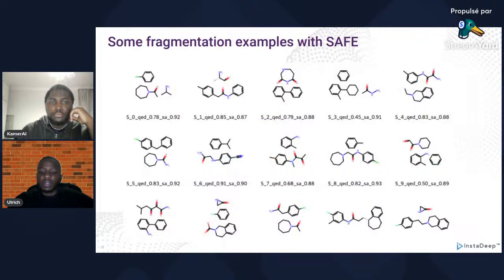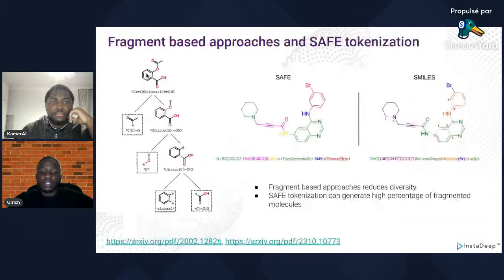However, from our first experiments, the SAFE tokenization has a slight issue. It mainly is that it sometimes ends up with a lot of fragmented molecules because of its inherent representation. If I go back to the previous slide, the molecules are fragmented in different groups, but there are still branches that have to link the different fragments.